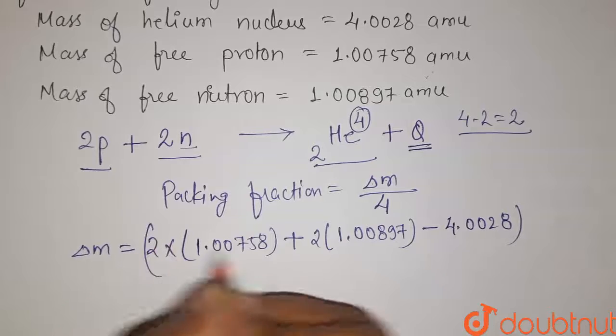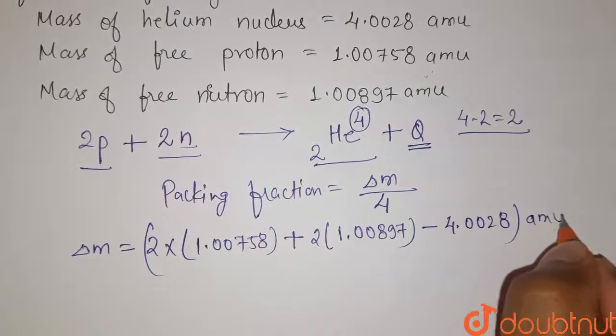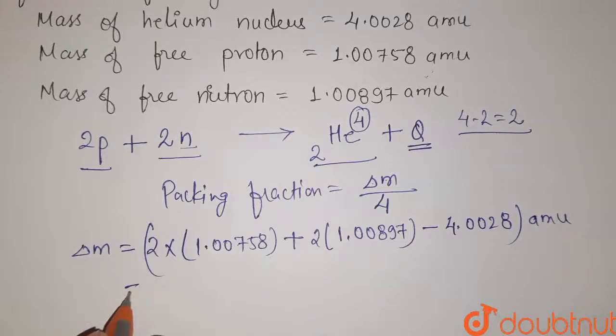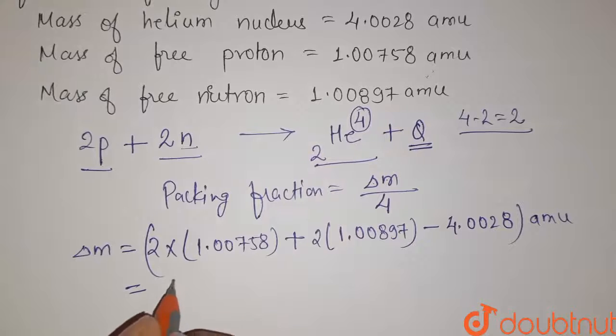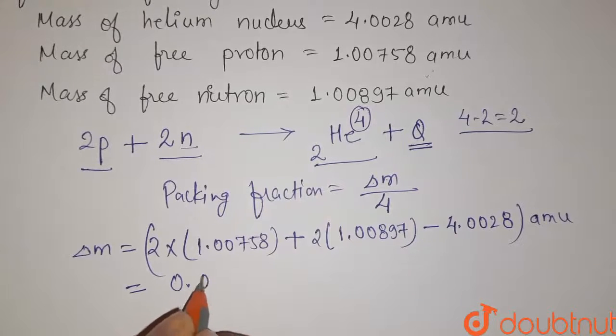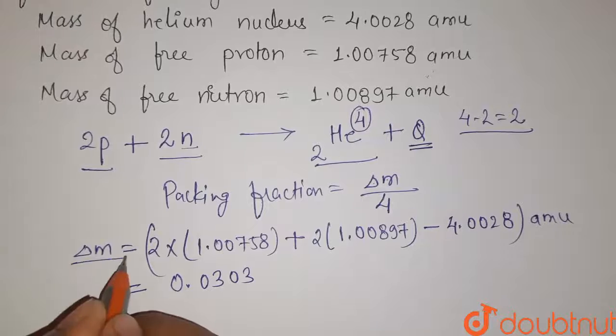The unit for mass defect here is atomic mass unit. Now calculate this value. On calculation, we get 0.0303. So this is the value of mass defect.